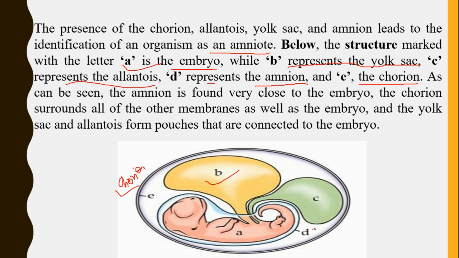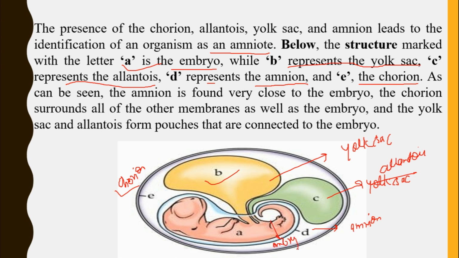This is amnion. This is yolk sac. Sorry, this is allantois, between chorion and amnion, and B is yolk sac, and this is fetus or embryo.